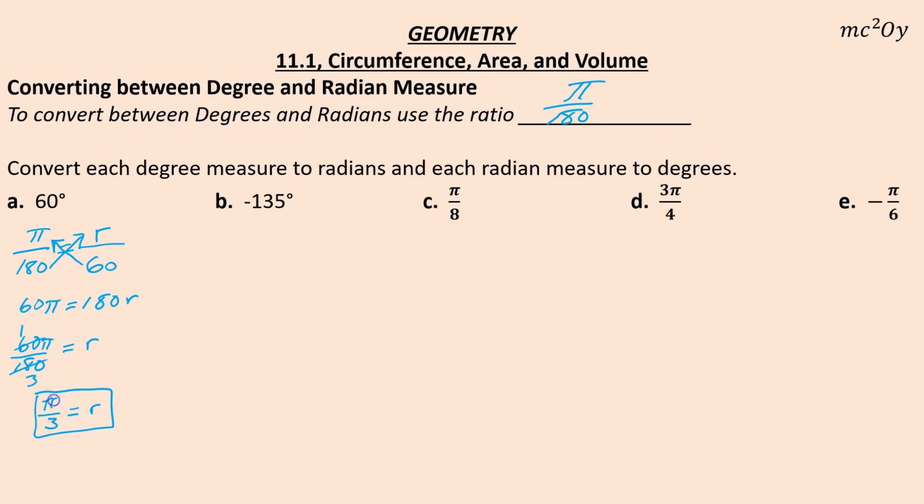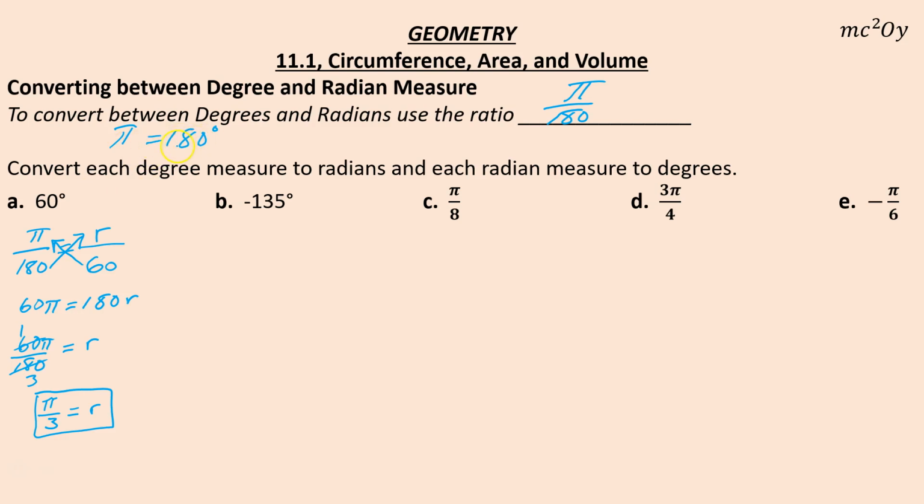Now if you think through that intuitively, if pi is 180 degrees, then 60 is a third of 180.